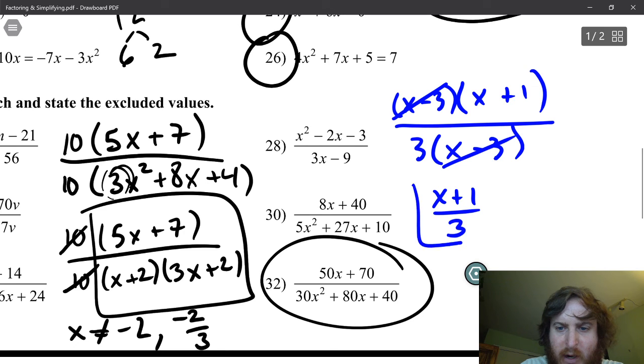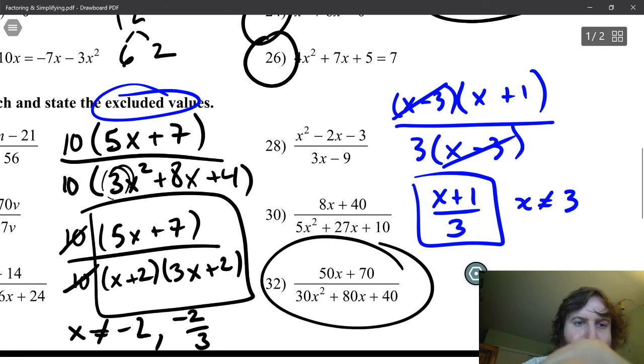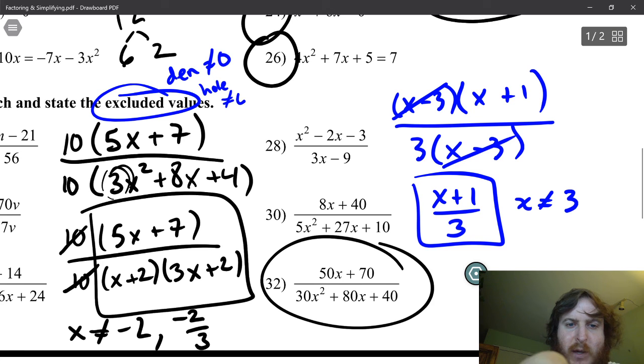But there still is an exclusion of x cannot be 3 because it's going to be a hole. When you cancel something out, it becomes a hole. So just be careful. Basically, the way we're getting these excluded values are both the denominator can't be 0, and then anytime we have a hole or something that cancels out from the top and the bottom, we're going to set that to not be 0 either.